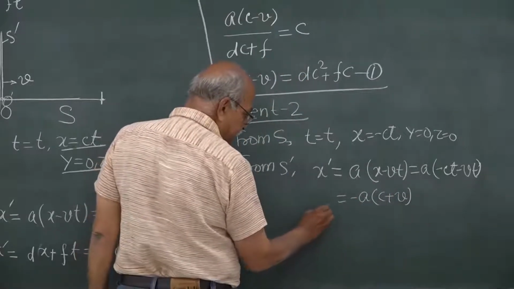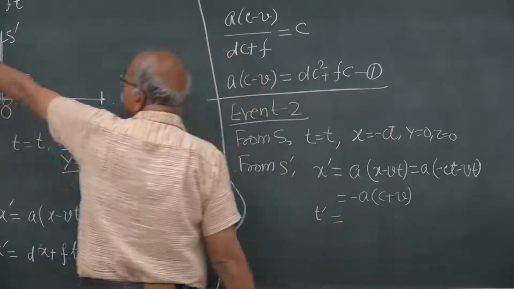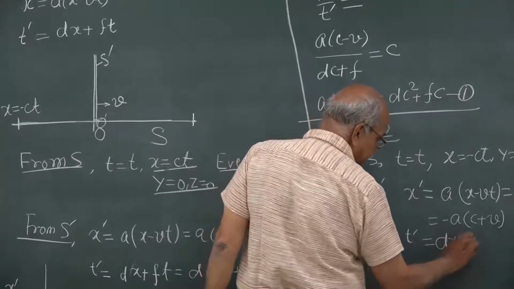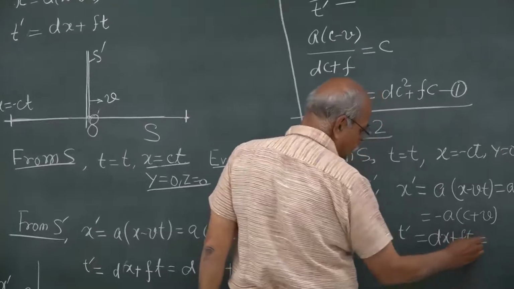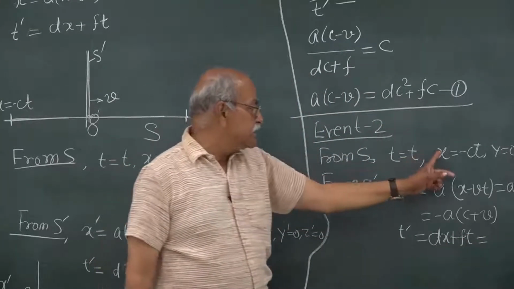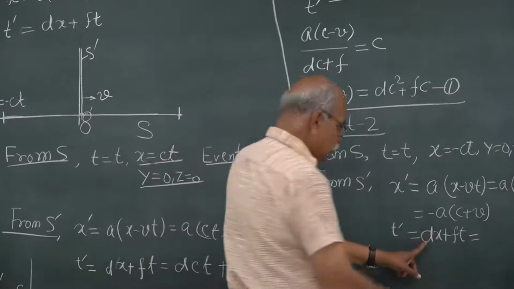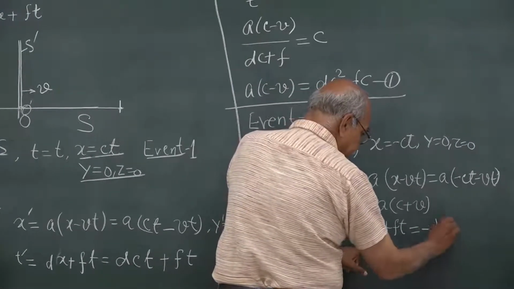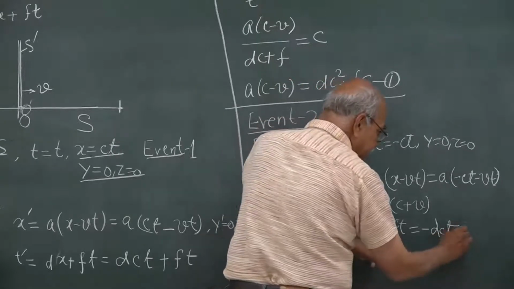And what is t prime? T prime is equal to Dx plus Ft. X is minus Ct, so it is minus D C t and plus F t.